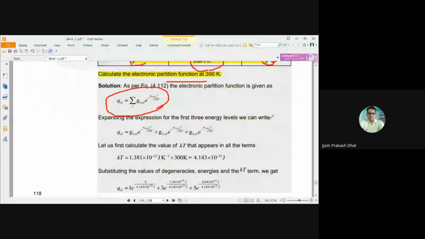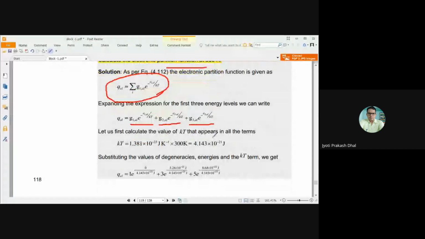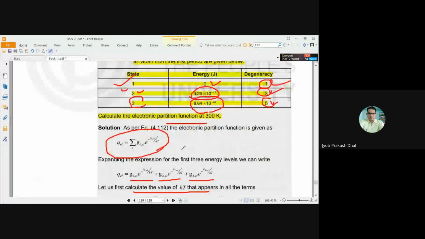So now q electronics equal to g1 into e to the power minus epsilon 1 by kT plus g2 into e to the power minus epsilon 2 by kT plus g3 into e to the power minus epsilon 3 by kT. Now let us first calculate the value of kT. Here k is the Boltzmann constant, and putting the value of T, that is 300 Kelvin given in this question, we can calculate the value of kT like this.